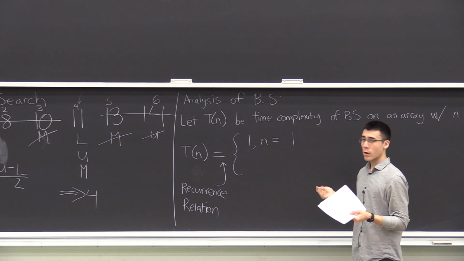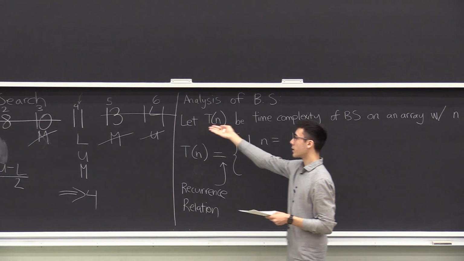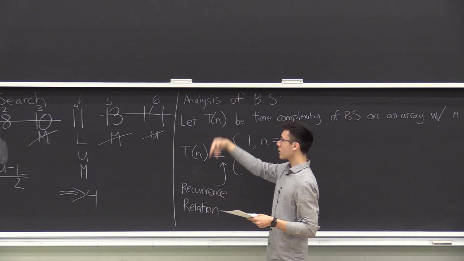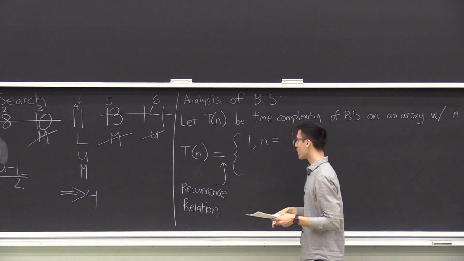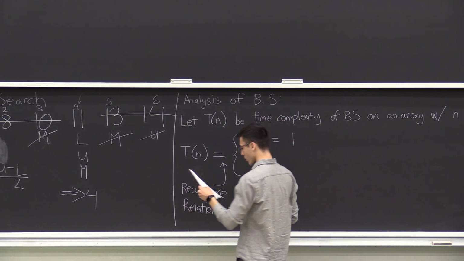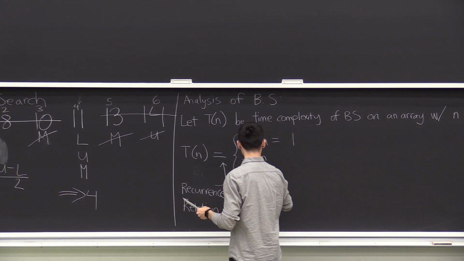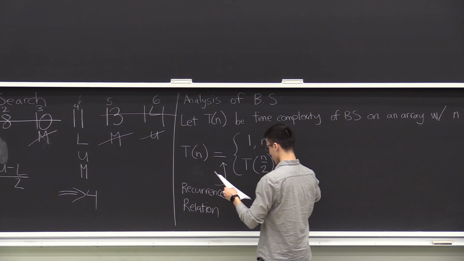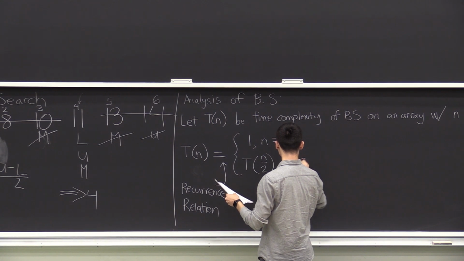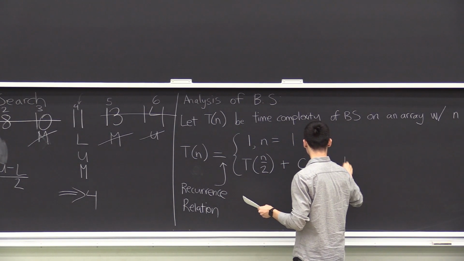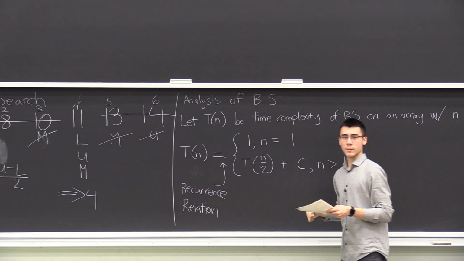And if n is larger, so like in this case, we had 1, 2, 3, 4, 5, 6, 7 elements, well, T of n is just going to run in T of n over 2 plus, let's say, c, if n is larger than 1.